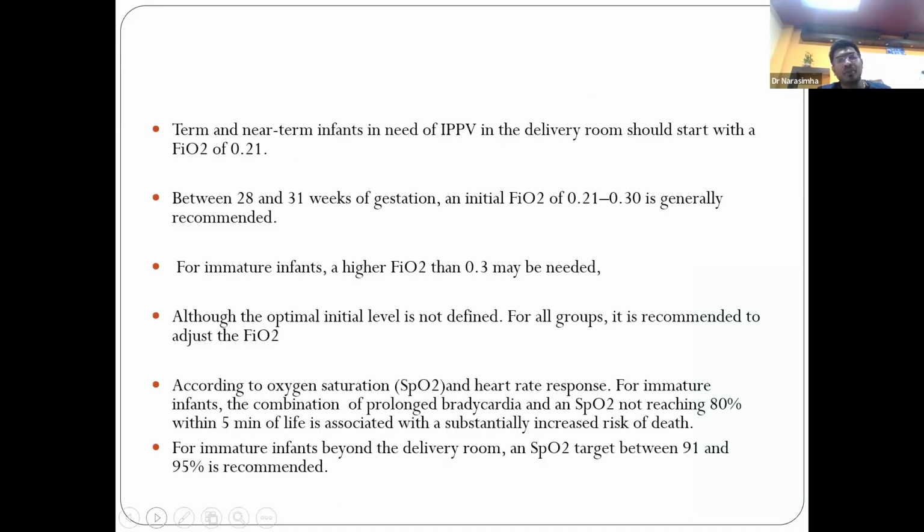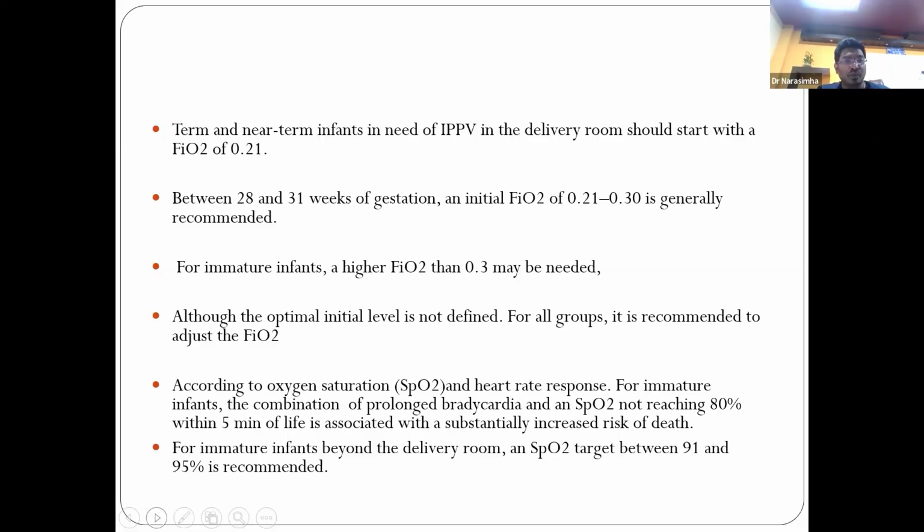So coming to the point, the main topic for me today is oxygen use in the labor room, and FiO2 levels and saturation. Any term or near-term infants in need of PPV, positive pressure ventilation, at the delivery room should start with an FiO2 of 21%, or 0.21.